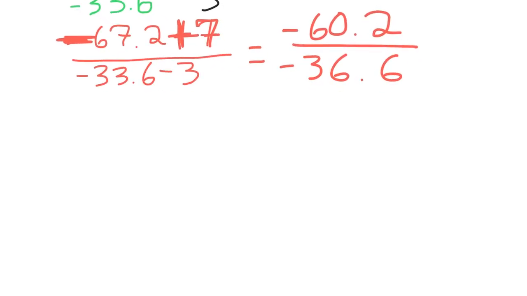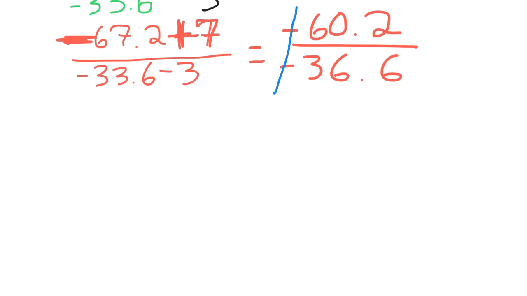So again, when we put in negative divided by negative in the calculator, it gets positive because negatives cancel. And we're left with 1.64480874. That's a long number. I don't want to write all that.